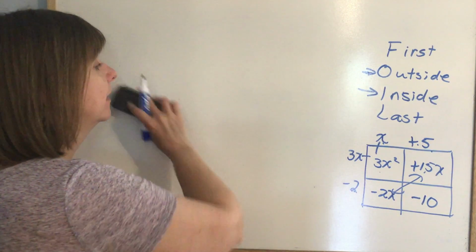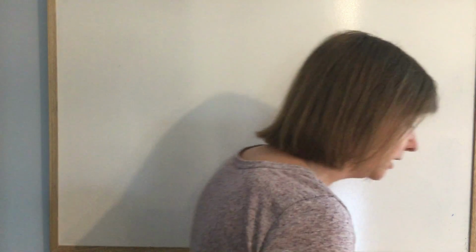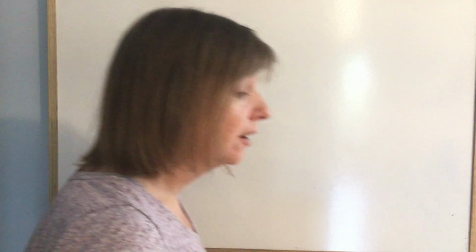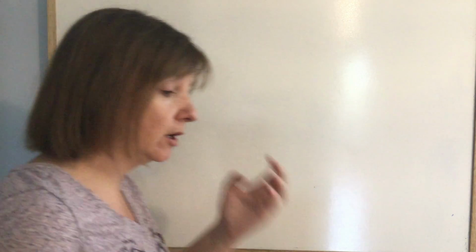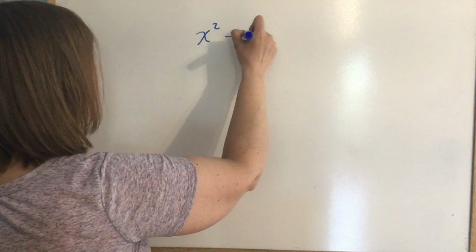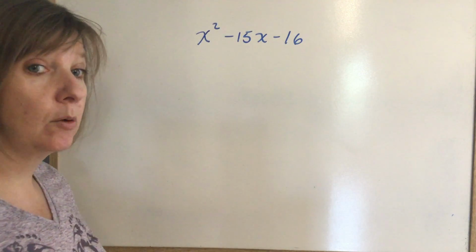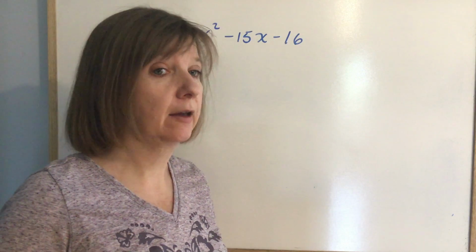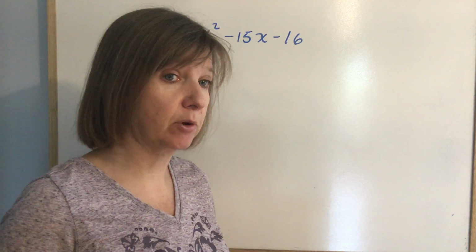The big thing to me in this section is the reverse of FOIL, which is factoring a trinomial. So if you have x squared minus 15x minus 16, and I said I want you to factor that. Now remember, some things are not factorable.